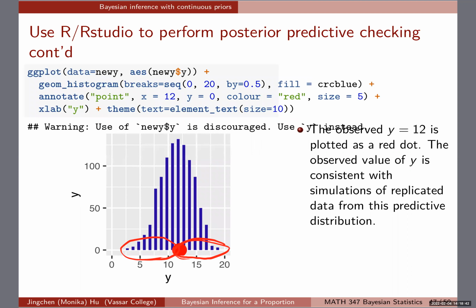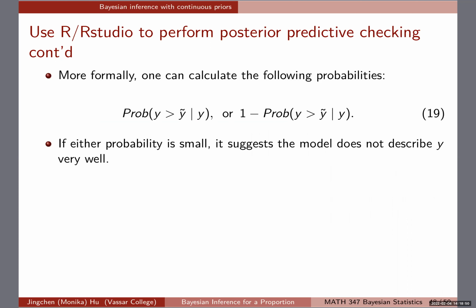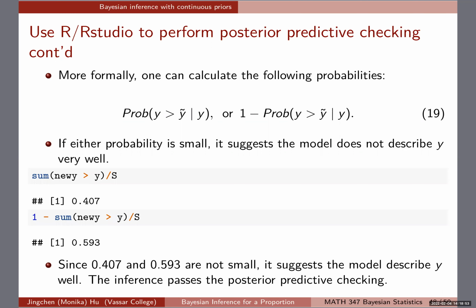So if either of these is very small or very big, like the green dots that I showed you earlier, then that is suggesting that the model fit might not be really good. You might consider something else. But in our case, both of them are pretty close to 50%. So it's also what we saw in the graph. It's kind of right in the middle. So that also gives us justification that overall this model seems to be fine.